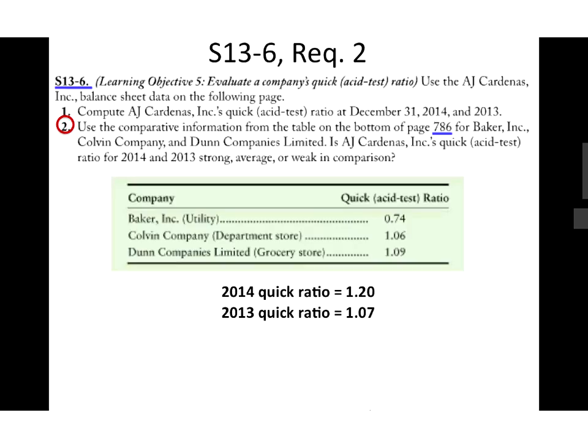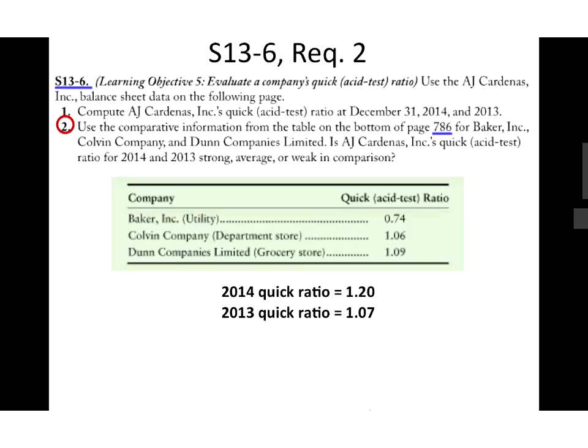You can also go into Blackboard and download the Chapter 13 PowerPoints as well, because the file is the same essentially. I'm wondering if there's a pop-up blocker too, because sometimes those get stuck. Okay, so it's improving because it went from 1.07 to 1.2.